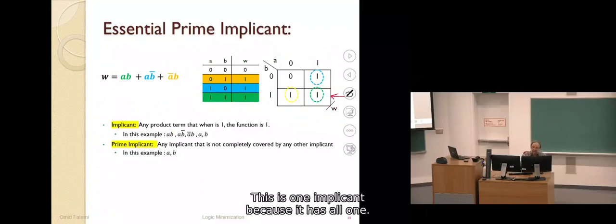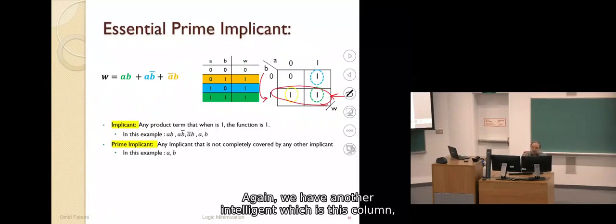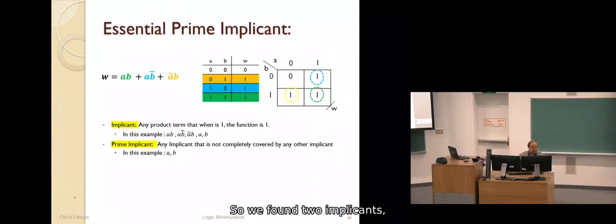This is one implicant because it is all 1s. So this implicant is B. Again, we have another implicant, which is this column, which is all 1s, and this implicant is A. So we found 2 implicants which have 2 ones.